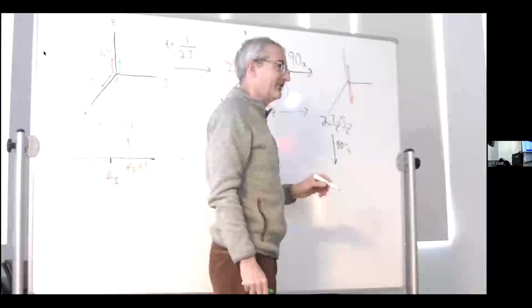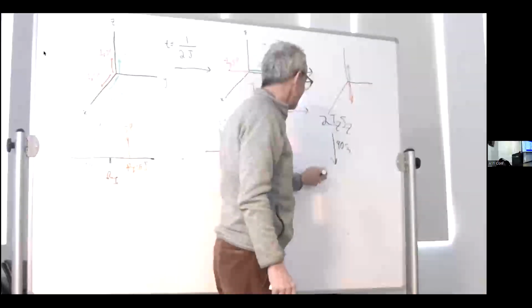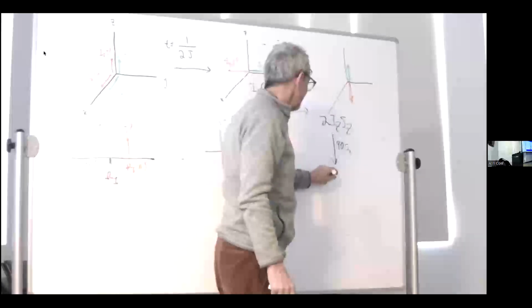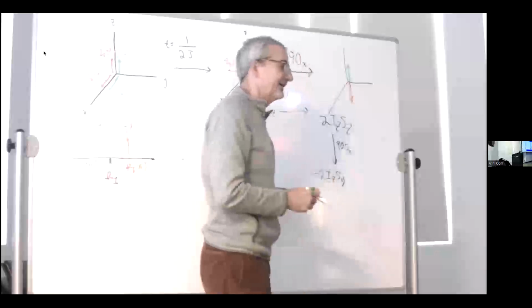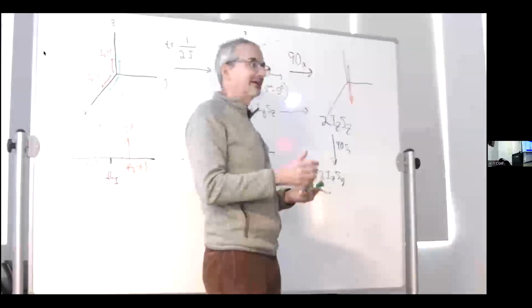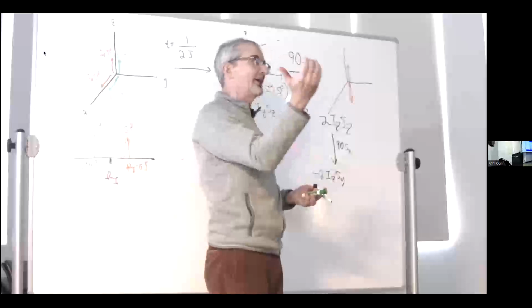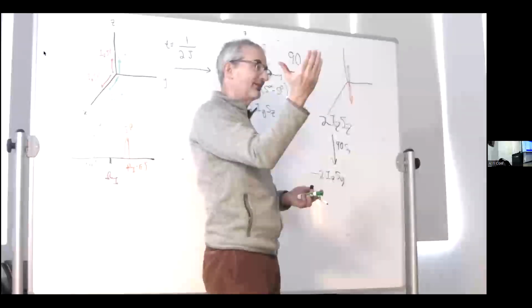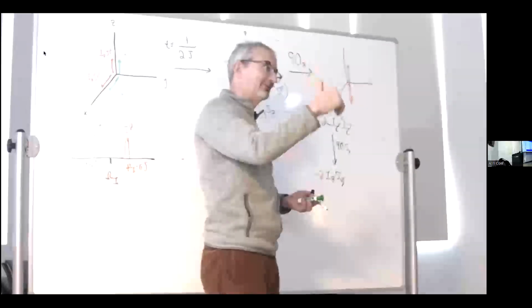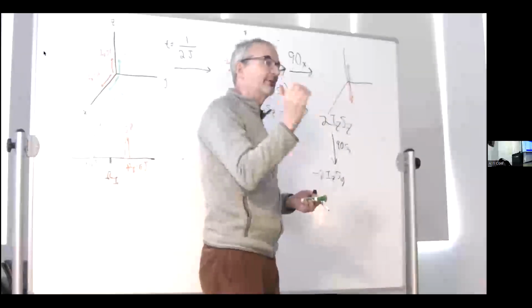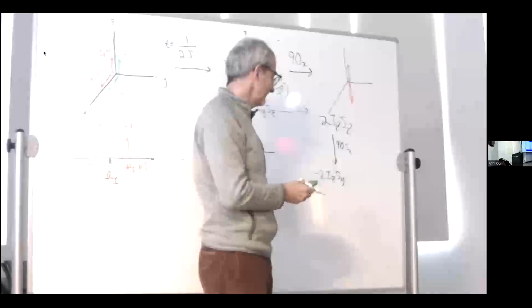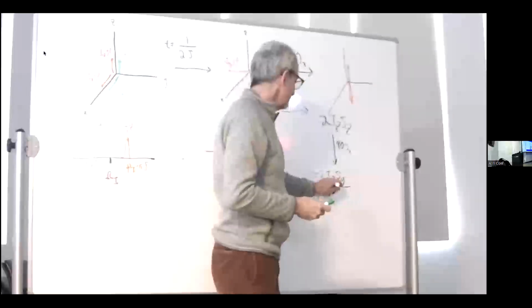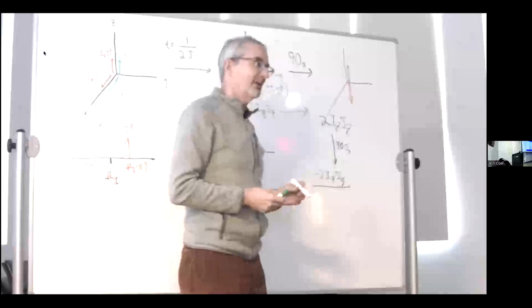And when I do that, I'm going to have 2 IZ SY with a minus sign. And now my thumb is on X, my fingers are on Z, I rotate to minus Y, but I'm doing this on the S spin, leaving the I spin alone. But if I turn the receiver on here, what spectrum will I see?